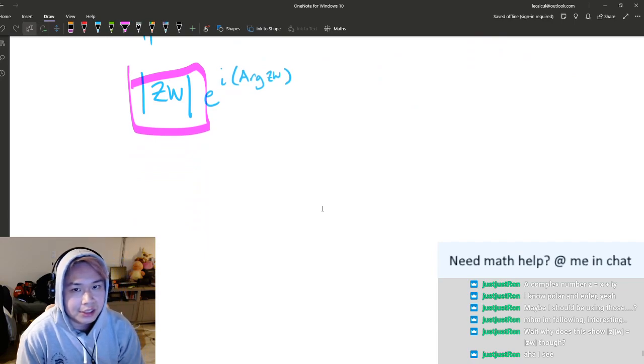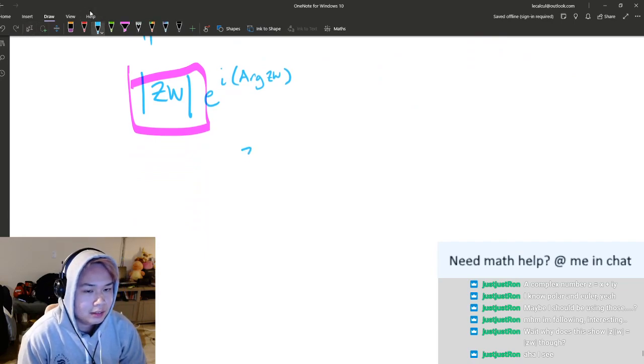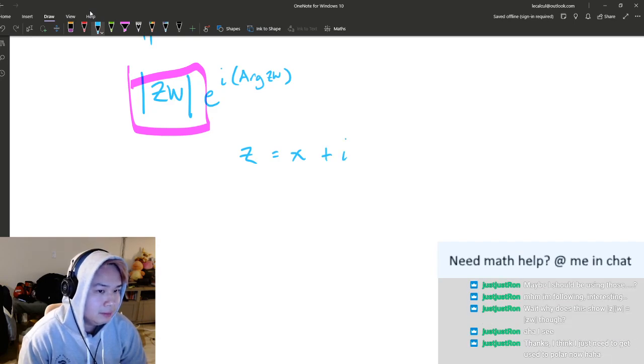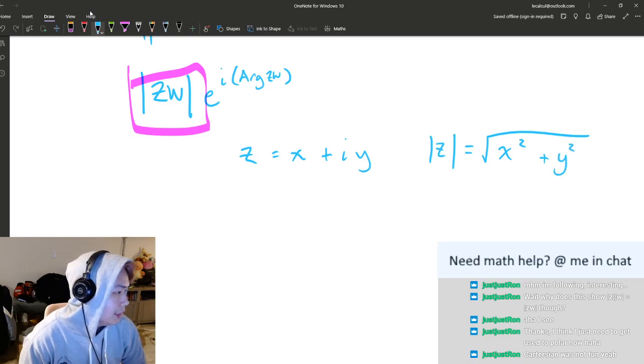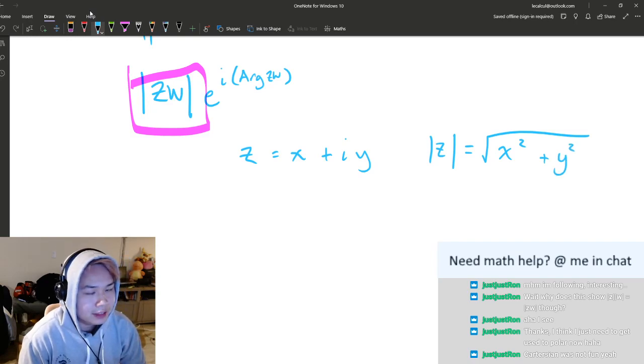If you want to do this the Cartesian way, oh man. So let's say that you have x plus iy. So the length of z is the square root of x squared plus y squared. This is just Pythagoras. Yeah, Cartesian is not fun, but we can do it too.